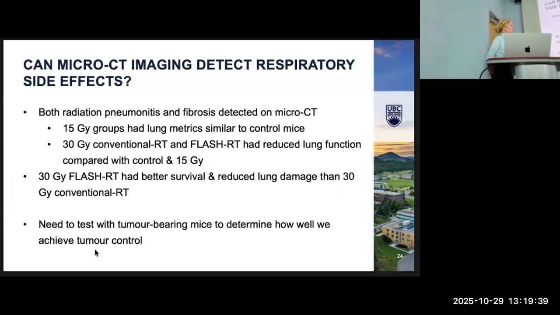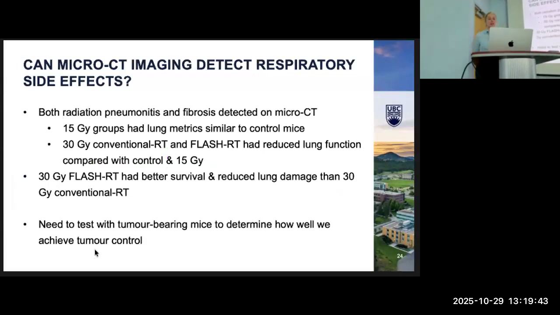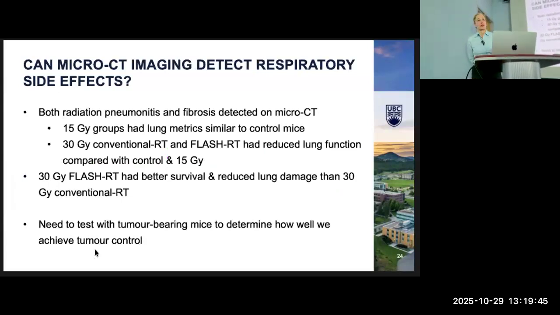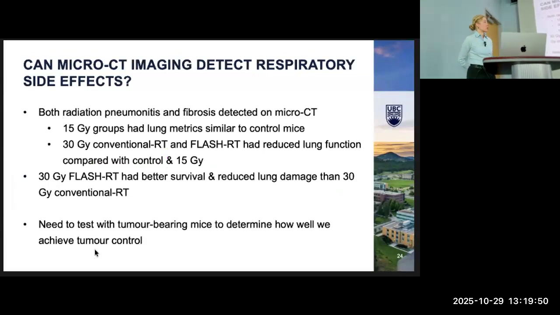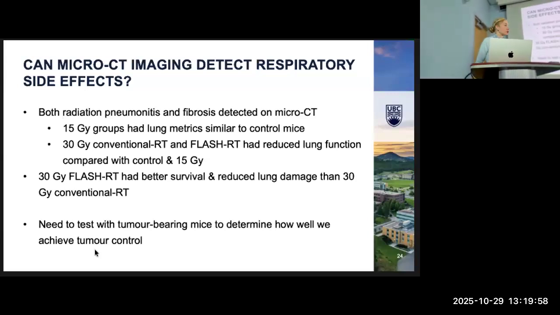So to answer our question, can we use micro-CT to detect these things? We can. We were able to detect both radiation pneumonitis and fibrosis. We had much more to look at in the 30 gray groups. The 15 gray group was very similar to the control mice in terms of their lung metrics, but we saw declines in lung function for the 30 gray for both conventional and flash.